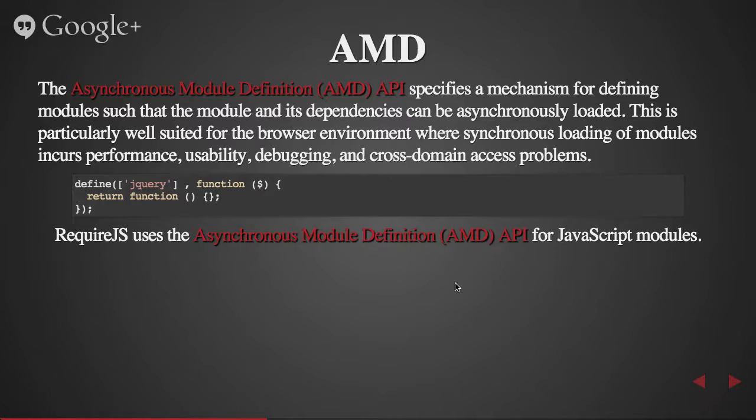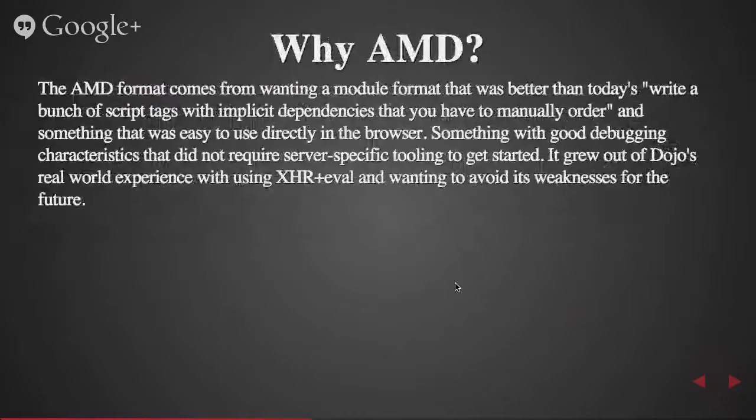Here's just a quick look at an AMD module, where the define and then inside the array block is what we need to use, and then the function passes it in to be returned from that inner function. And RequireJS uses the asynchronous module definition API for all of its JavaScript modules. Here's an explanation of why they decided to use AMD.